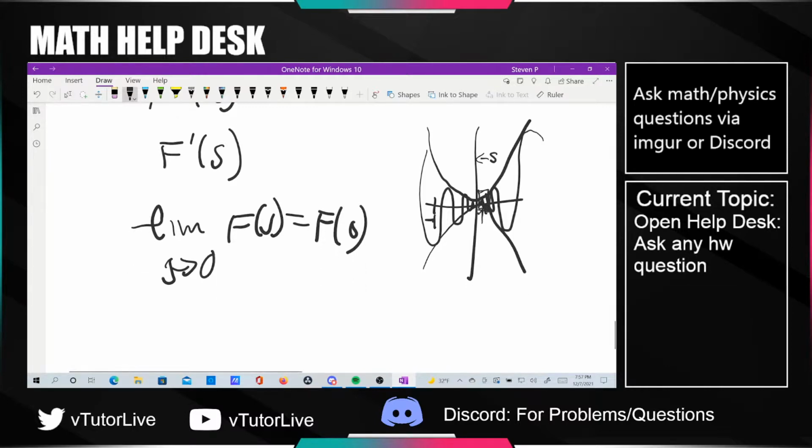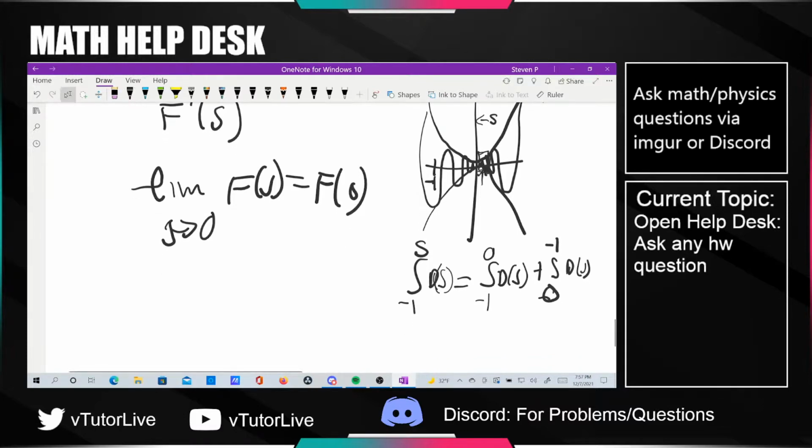So the integral of d of s from -1 to 0, in this particular case, is equal to the integral of d of s from -1 to s, plus the integral from s to 0. Right? And I think the idea is that you just need to look at the limit.